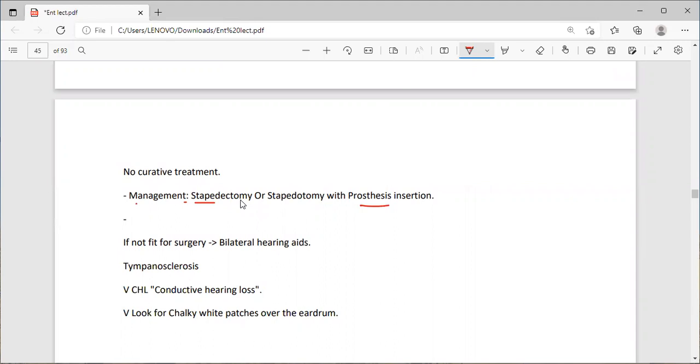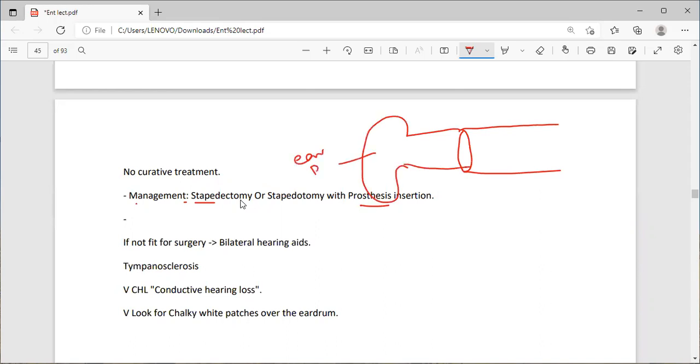This is the pinna, and this is the tympanic membrane. This is the middle ear, and this is the inner ear.